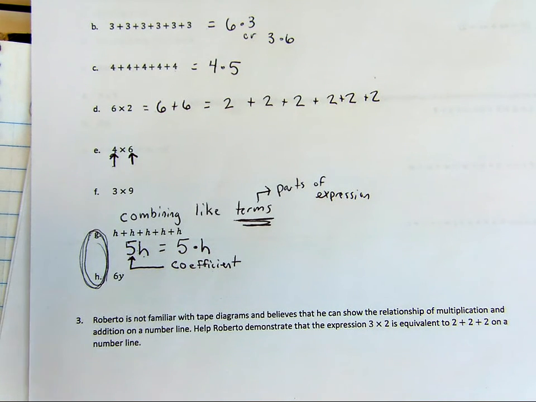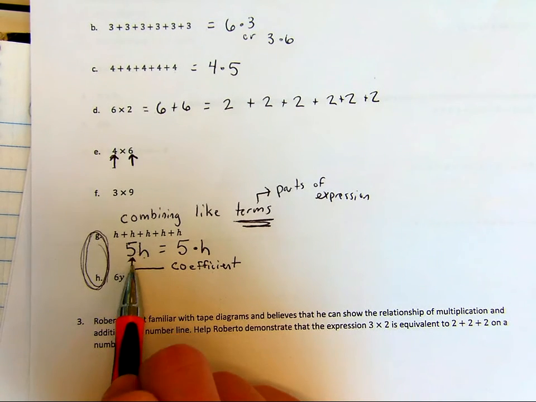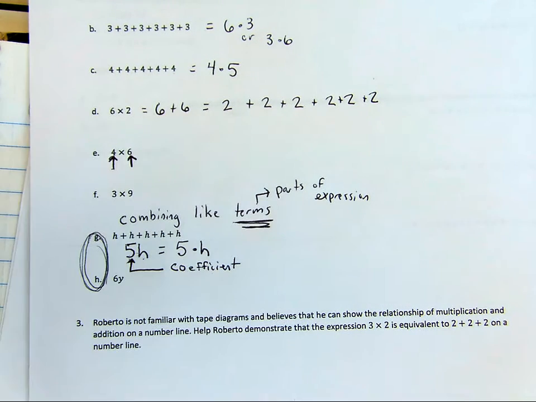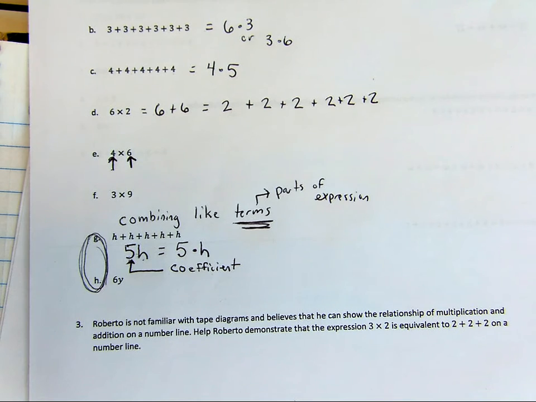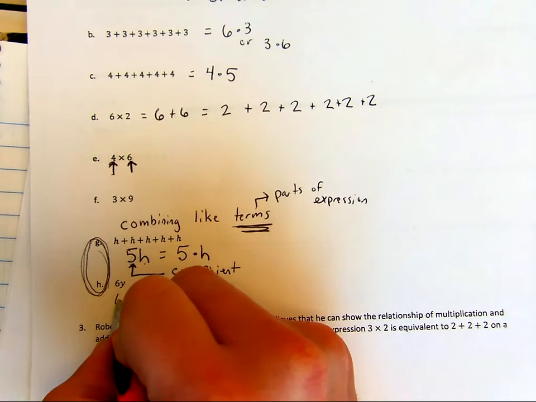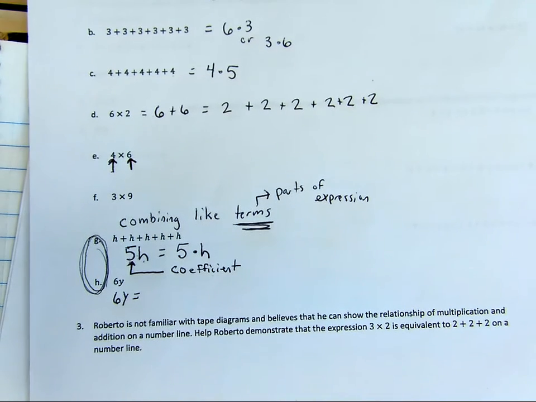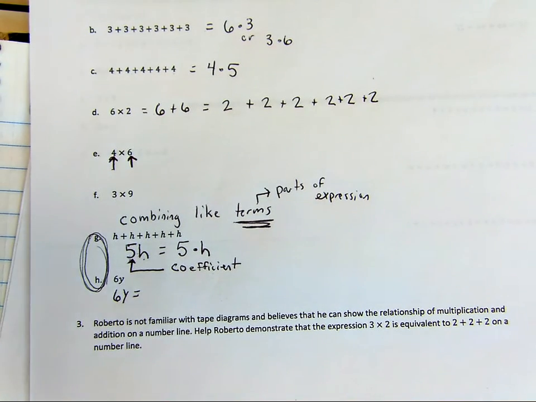I get it, I'm giving you a lot of vocabulary words today, but we need to know this. So this 5 is called the coefficient. It's telling me how many of the H's that I have. 6y, what could that be? Lexi?